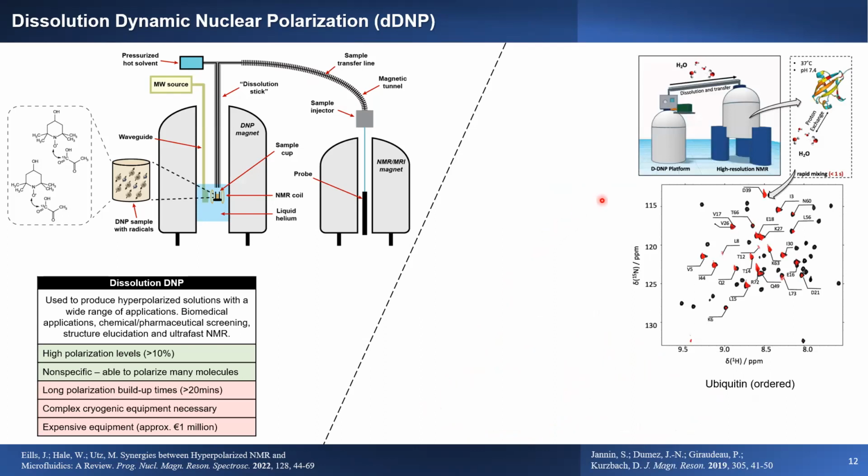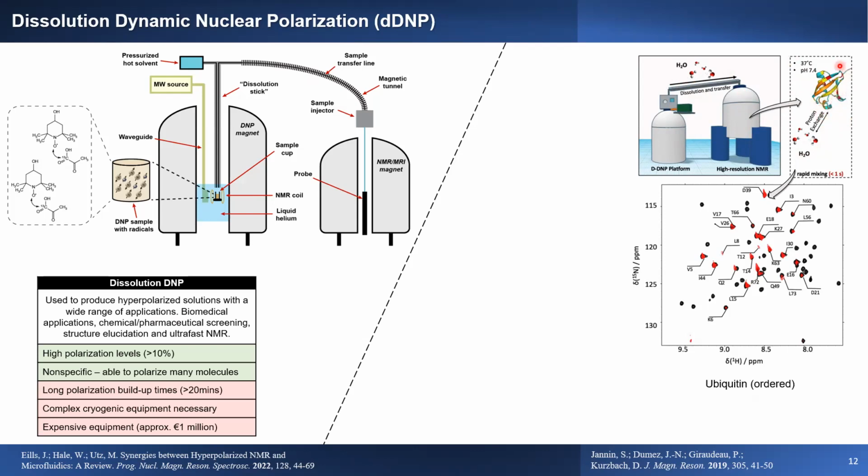In other dissolution DNP experiments, you can hyperpolarize water. So you hyperpolarize water in the polarizer here, and then you flush that out into an NMR magnet, and that's mixed with a protein sample. Hope everybody can see that. That's mixed with a protein sample, and the water can exchange with any available exchanging sites on the protein, and then the signals of those residues are enhanced.